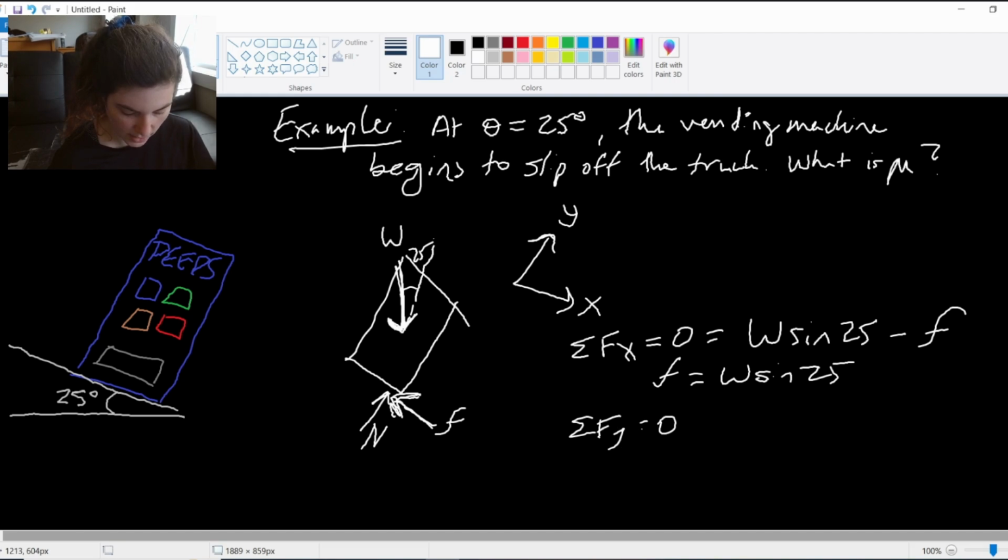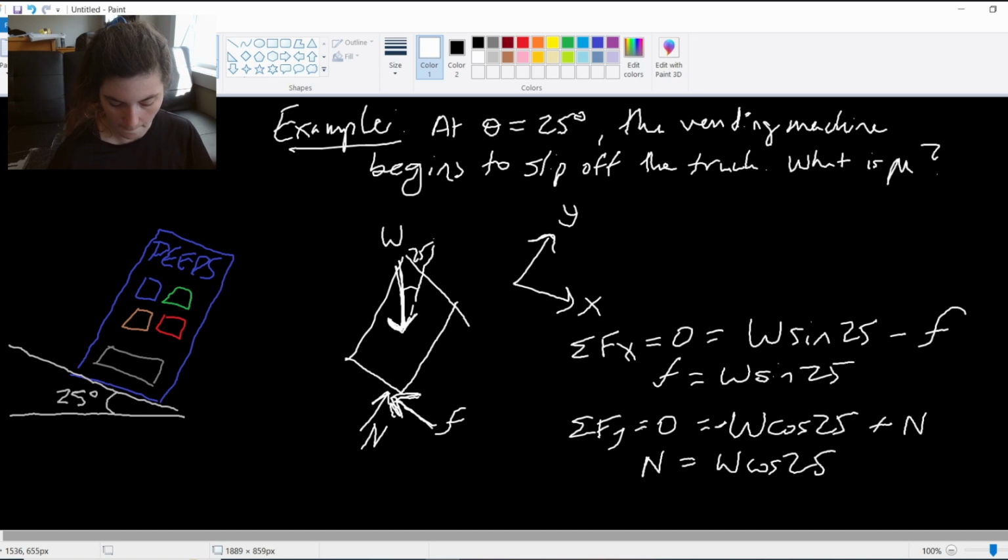Do my y equilibrium equation: W cosine 25, that's in the negative direction, negative W cosine 25 plus my normal force. So I get a normal force equals W cosine 25.